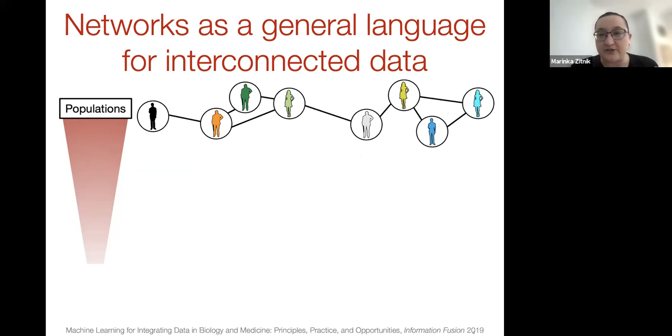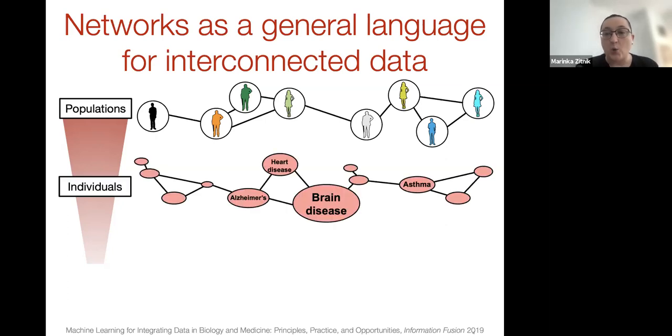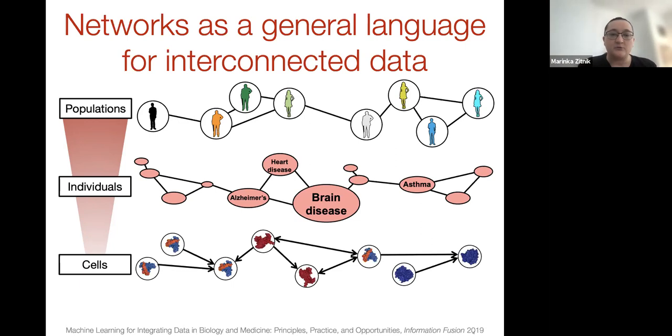Networks are a general language that can serve us to represent very rich, heterogeneous, interconnected data at the level of populations, where we can think of networks of individuals that are connected based on friendship or familial relationships or similarity of genomic profiles, going down to the level of diseases within a single individual and the way a variety of different diseases manifest themselves within an individual, and all the way down to the level of cells and molecules where a variety of cellular components and molecules interact with each other.